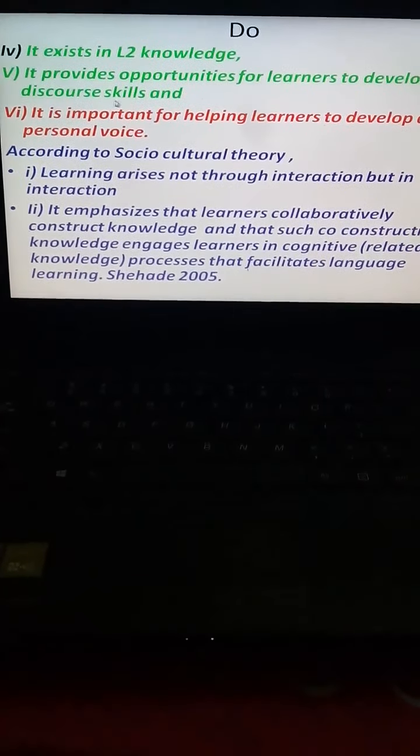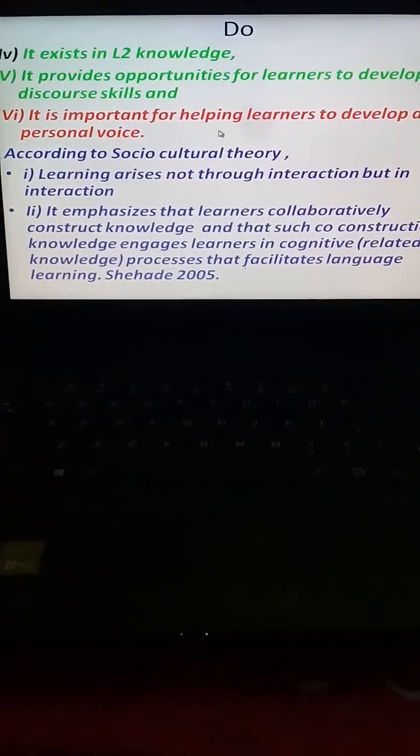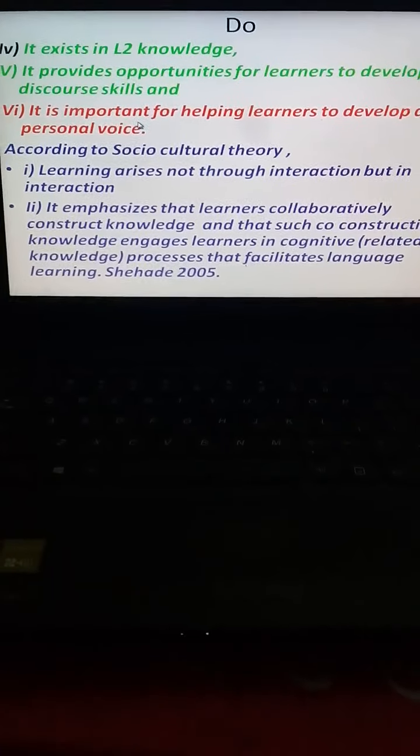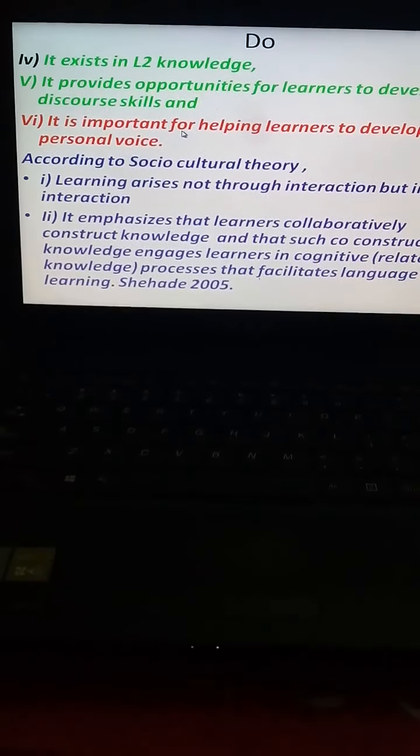It provides opportunities for learners to develop discourse skills, and it is important for helping learners to develop a personal voice. These are all about the psychological perspective of the theoretical rationale for task-based language teaching.